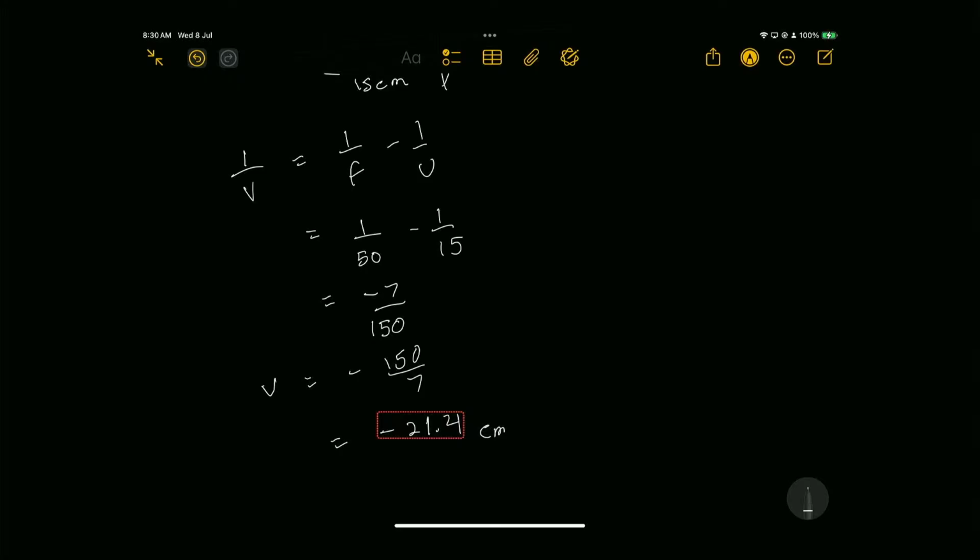So what does this mean? The image is virtual and upright and on the same side as the object.